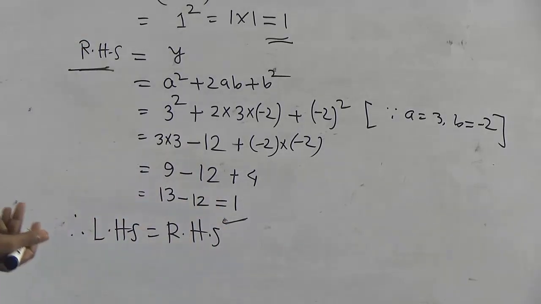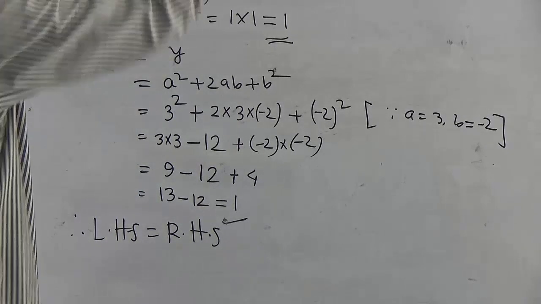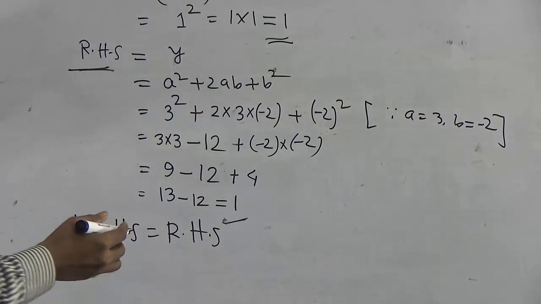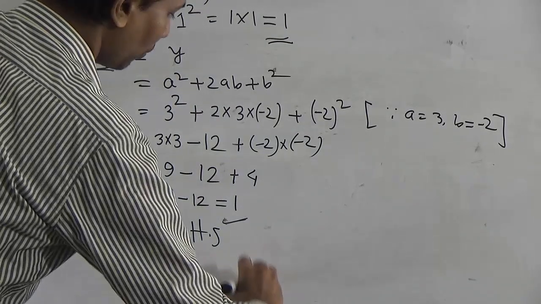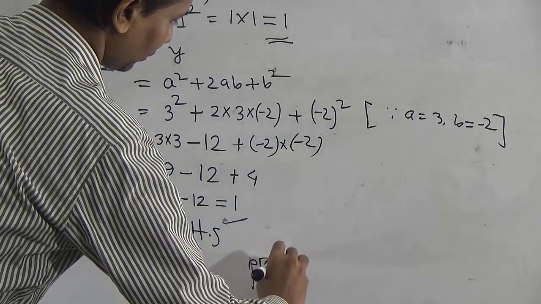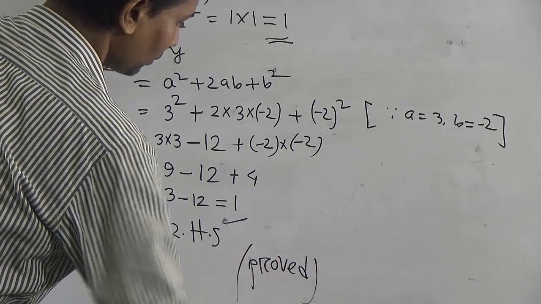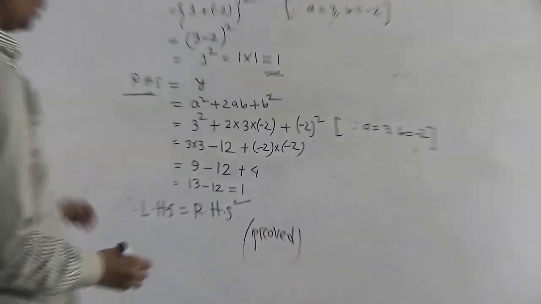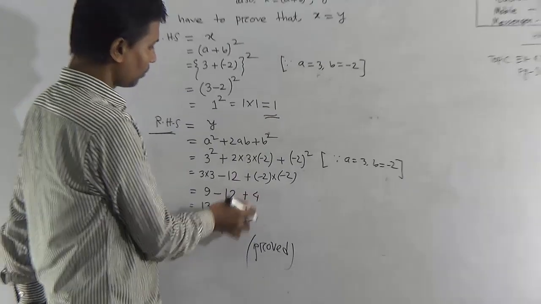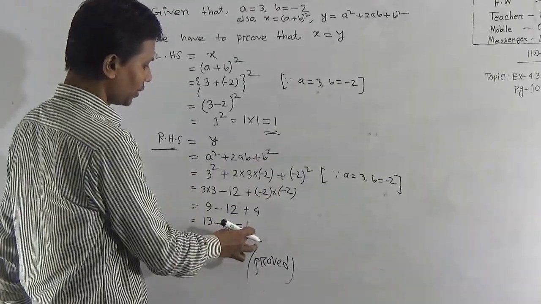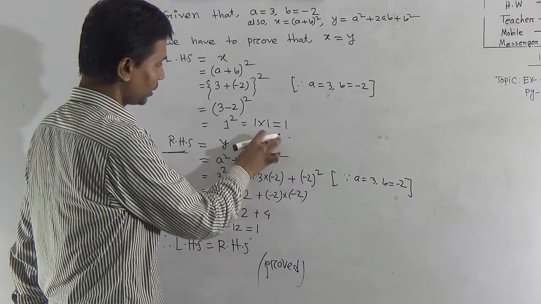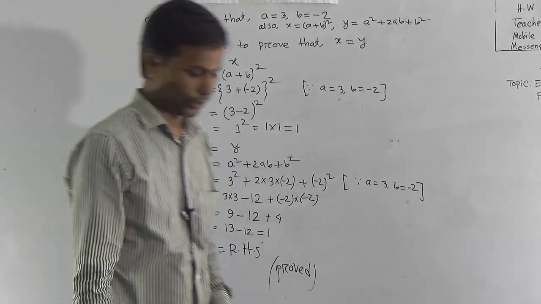As the question says, we have to prove that x equal to y. So you write here proved. Okay? Dear student, you don't give this line. For your understanding, I have given this line. Okay? For your understanding, I have given this.